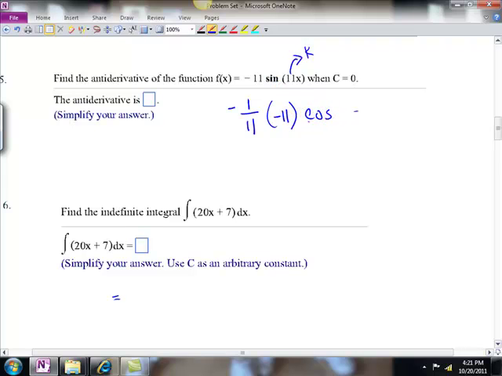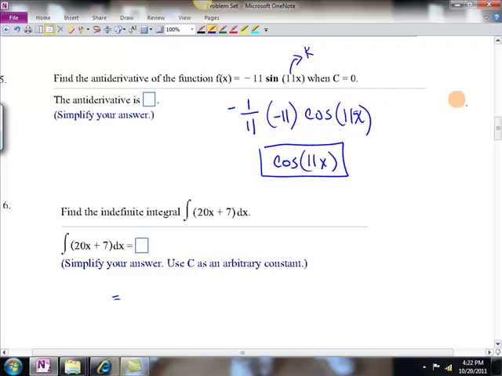It's negative cosine, I believe. Yeah, it's negative cosine. That's why I put the negative there. Cosine of 11x. So negative 1/11 times negative 11 just makes that a positive 1. So cosine 11x is your final answer.